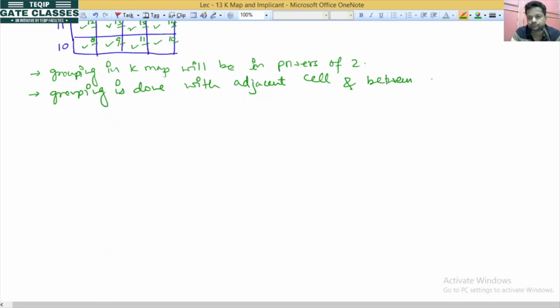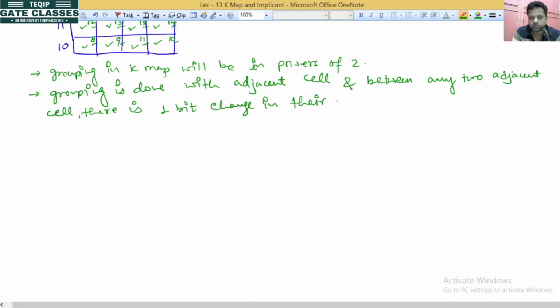Between any two adjacent cells, there is one bit change in their code, in their gray code.